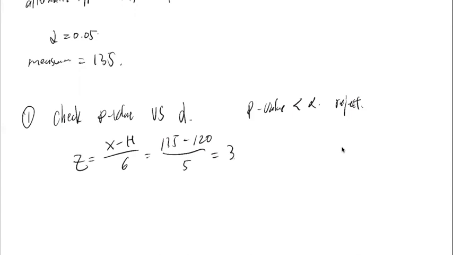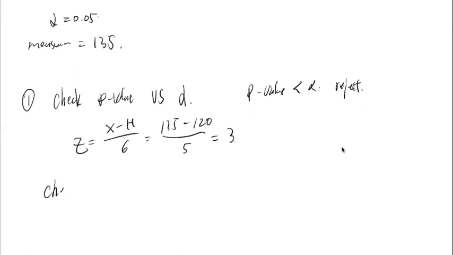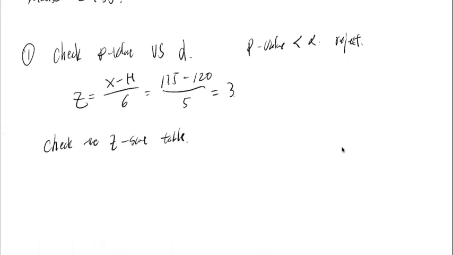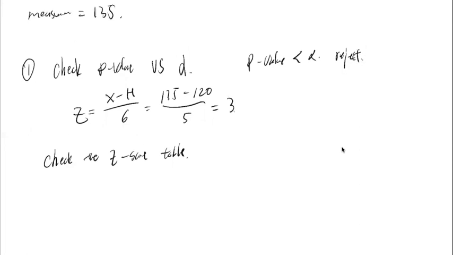So we calculate the z-value equal to 3. Then we check the z-score table, and we find the area corresponding to 3, which is 0.4987.